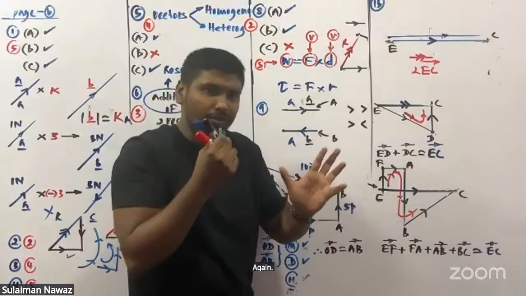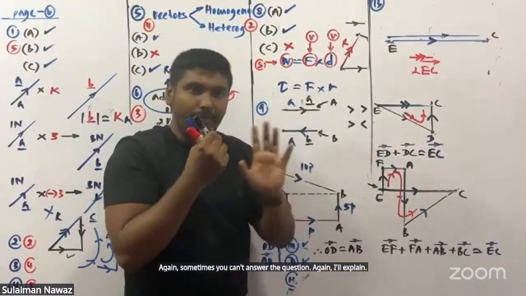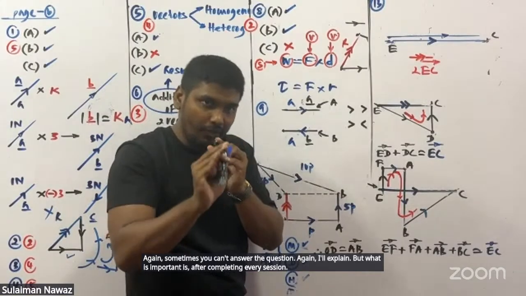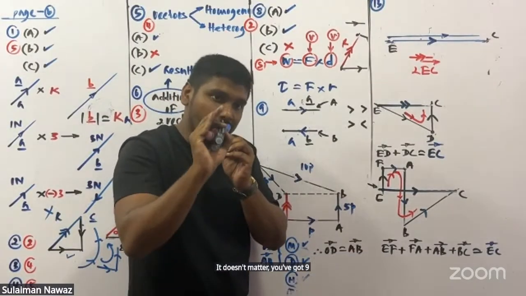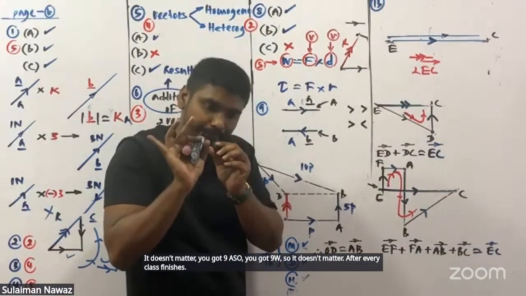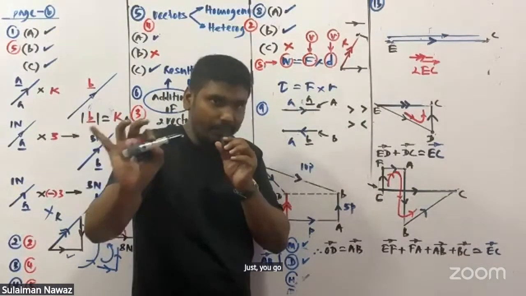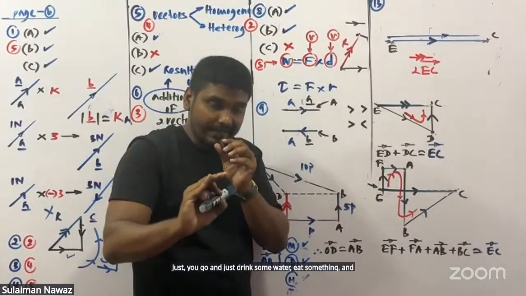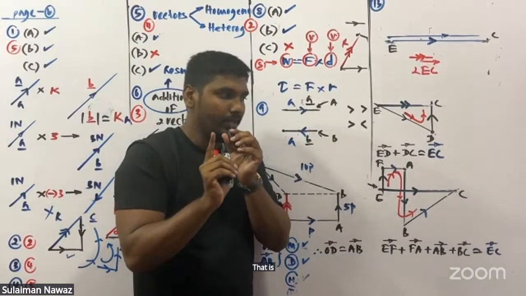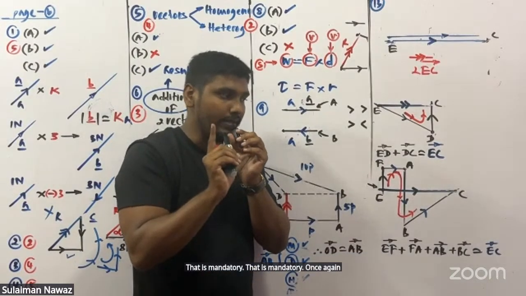Again, sometimes you can't do the question, and I will explain again. But what is important is, after completing every session, it doesn't matter if you got the answers right or wrong, just go and drink some water, eat something, and come and sit in the chair again. And redo these questions once again. That is mandatory. Redo it by yourself.